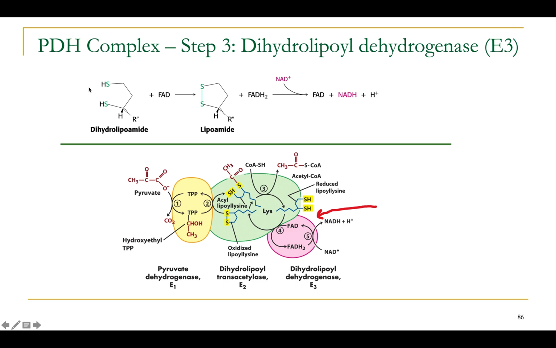And the final step of the reaction is regeneration of lipoate in its oxidized form from dihydrolipoate using E3 activity and FAD as an intermediate carrier of electrons that, due to the activity of E3, end up in the final electron acceptor NAD+, which is reduced to NADH and thus evacuates electrons or reduced equivalents from the system.